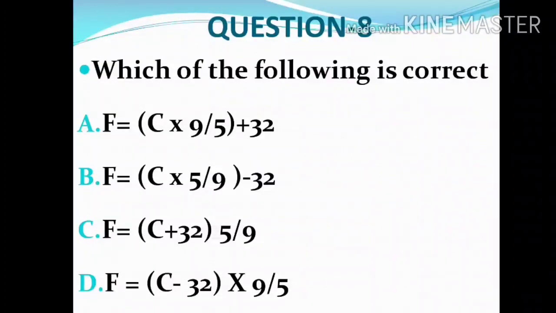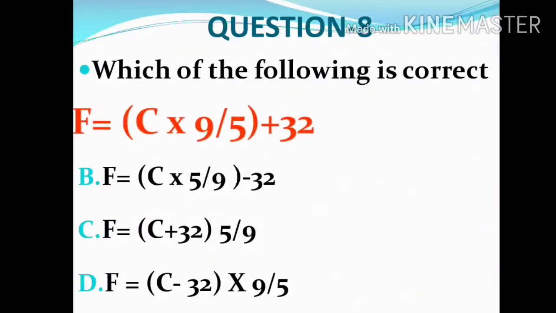Answer is F is equal to C into 9 by 5 plus 32. To convert the Celsius scale to Fahrenheit scale, we use the formula F is equal to C into 9 by 5 plus 32.